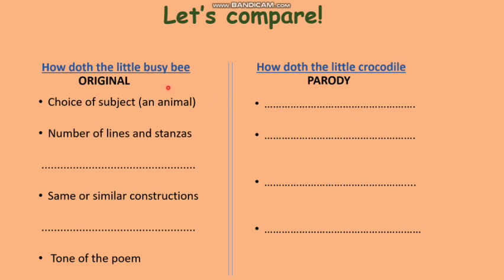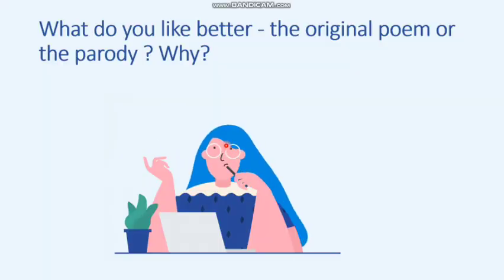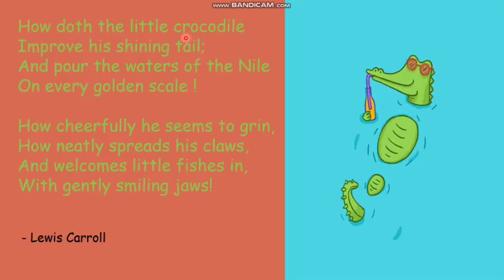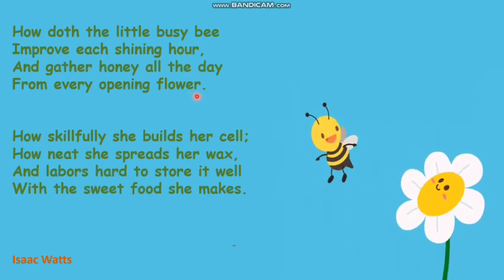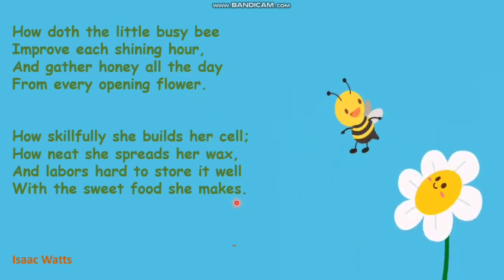Let's compare. This is the original poem's side. This is the parody side. Okay. Now we are thinking about choice of subject. Subject means who is being talked about? An animal. And here who is being talked about? You will write. Okay, number of lines and stanzas. How many lines? We'll see the original poem first. 1 2 3 4 5 6 7 8. 8 lines.